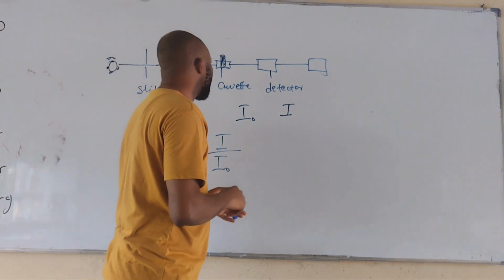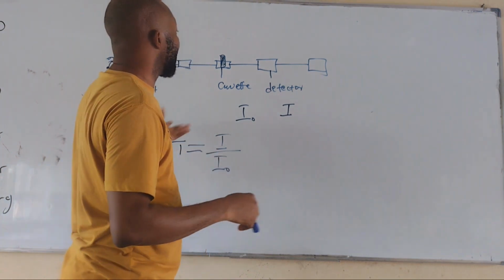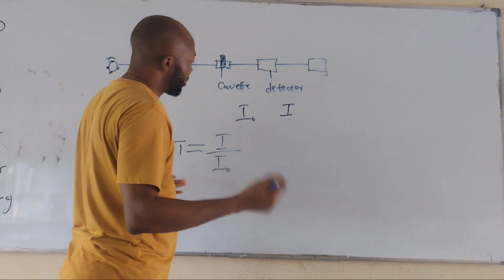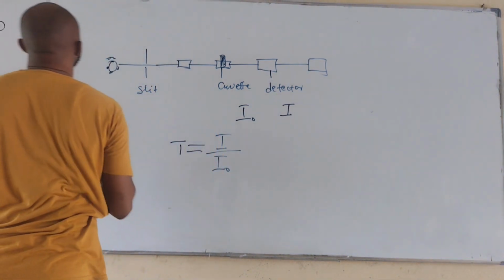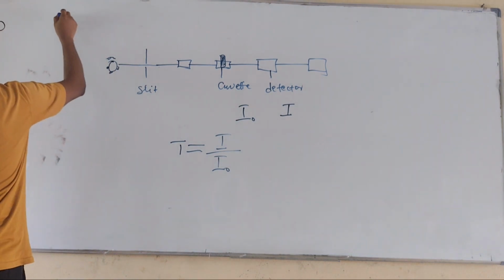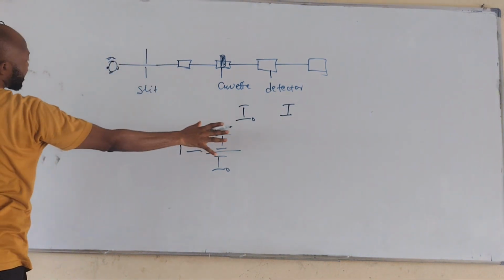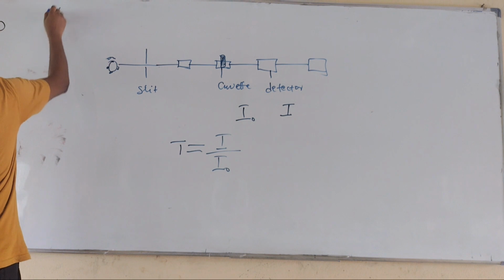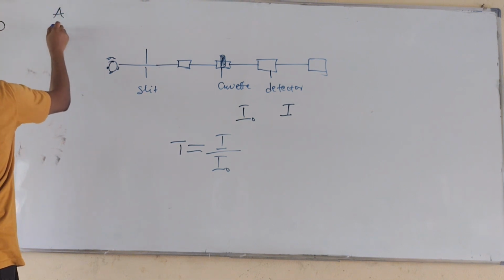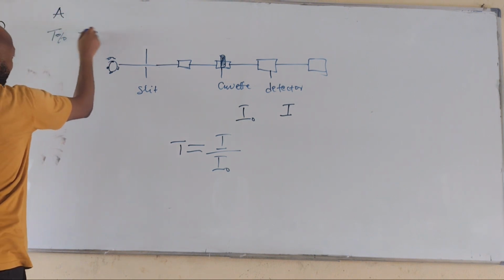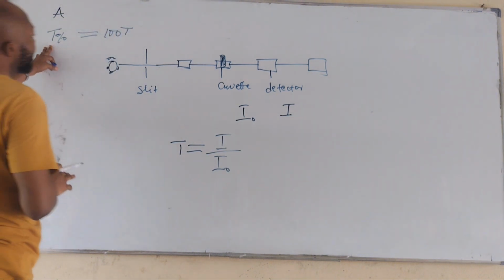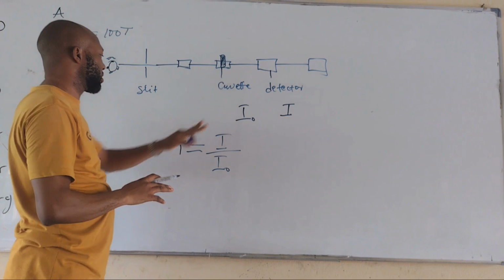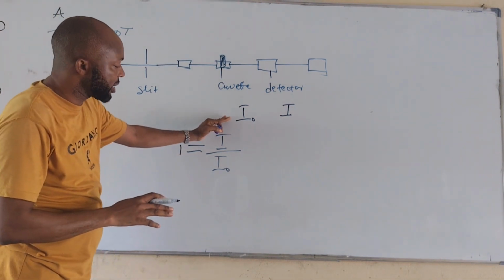Now, we also talked about the absorbance and many other things which I'm going to put down. Let me be writing them here. We have absorbance, and we have percentage transmittance, which is equal to 100T. Remember, transmittance is I over I0.